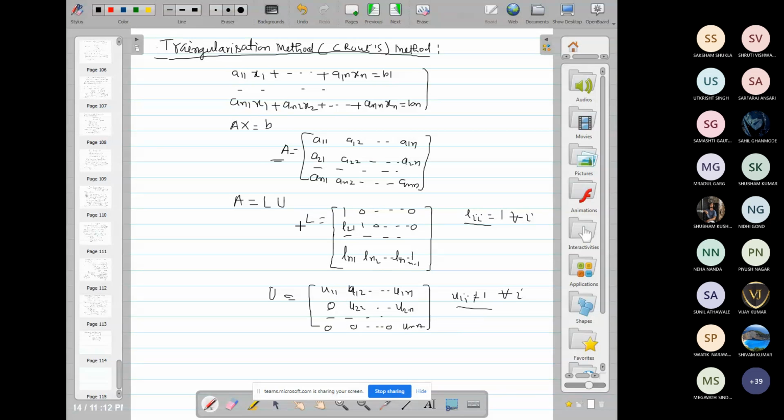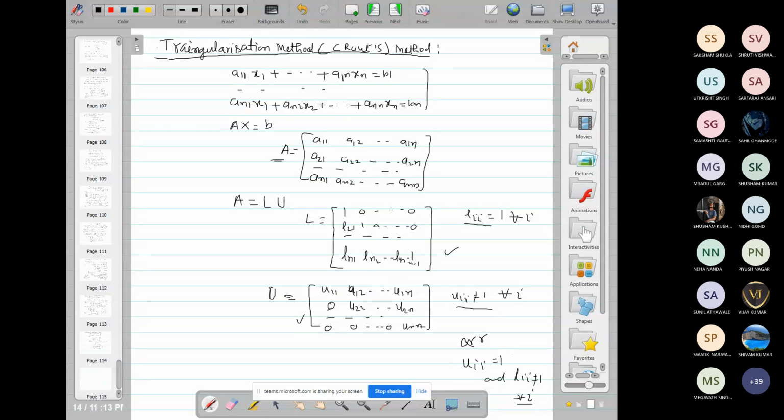So here either we take L is equal to this and U is equal to this, or we can also take in place of this uii is equal to 1 and lii is not equal to 1 for every i.